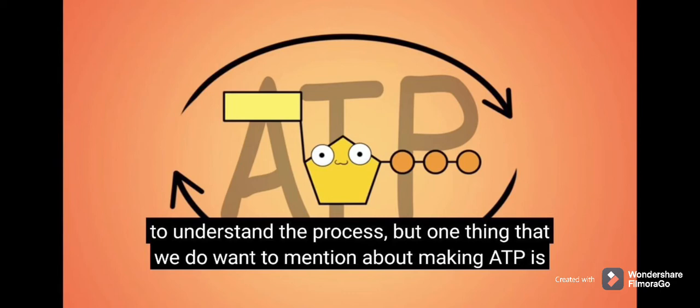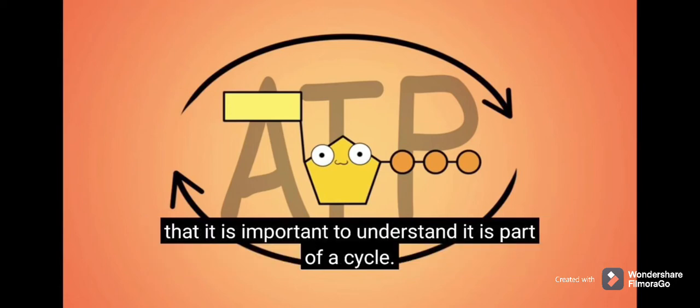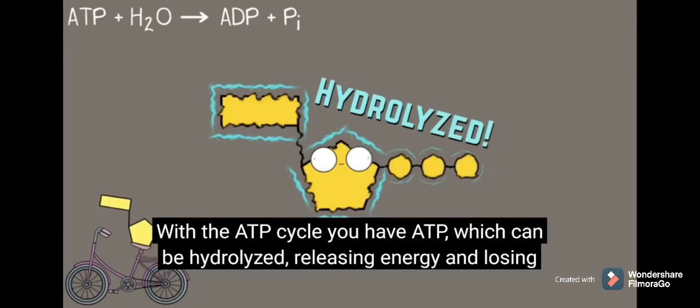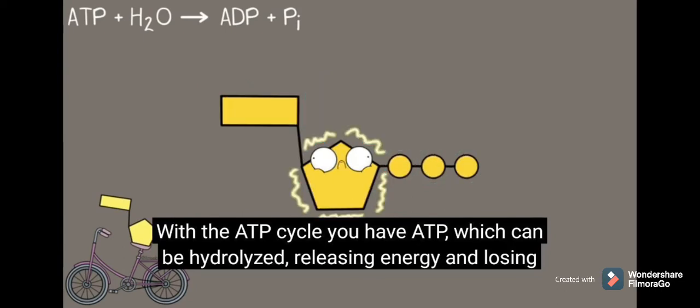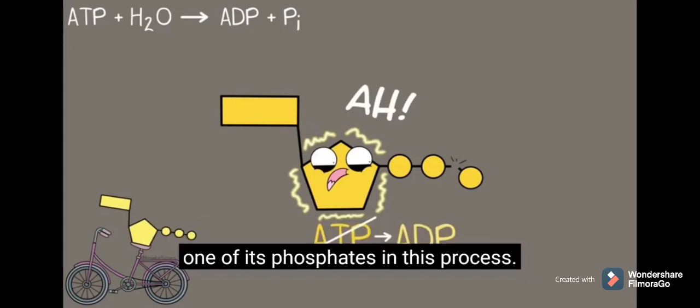But one thing that we do want to mention about making ATP is that it is important to understand it is part of a cycle. With the ATP cycle, you have ATP which can be hydrolyzed, losing energy and losing one of its phosphates.